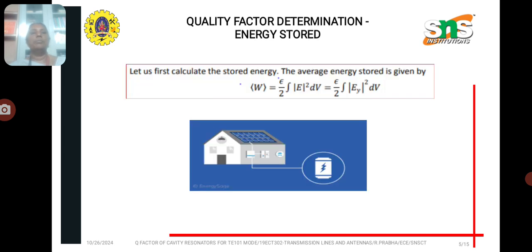In the first energy calculation, the average energy stored is given by the formula W is equal to epsilon by 2 integral of modulus of E squared dV, or we can write it as epsilon by 2 integral of modulus of Ey squared dV.